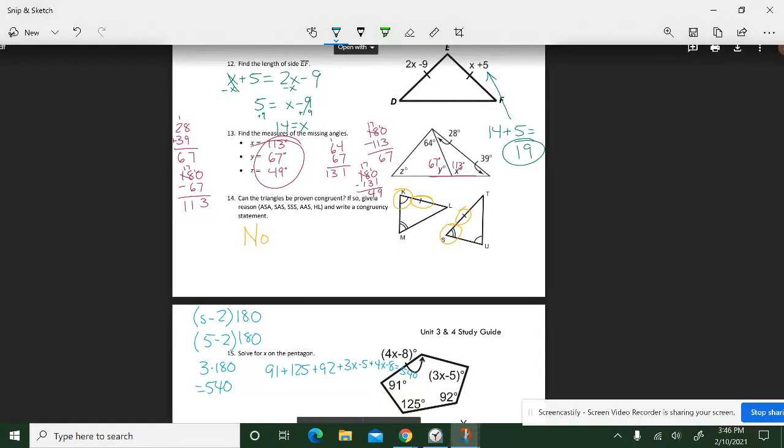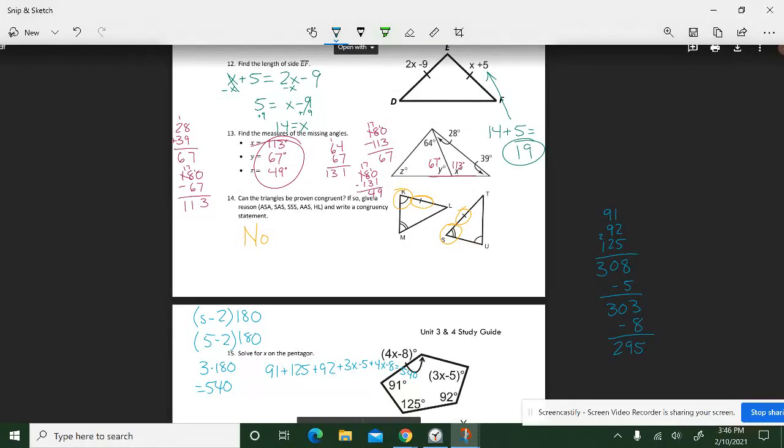But now we're going to combine our like terms. I'm going to do this over the side, 91, 92, and 125. I'm going to add those 3 numbers together. I get 308. I also have a negative 5 and a negative 8. So I'm going to subtract those. Subtract the 5, I'm going to have 303. I'll subtract the 8, and I'll get 295.